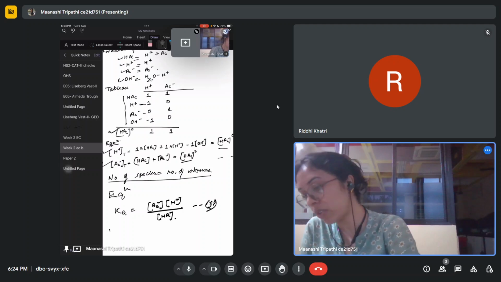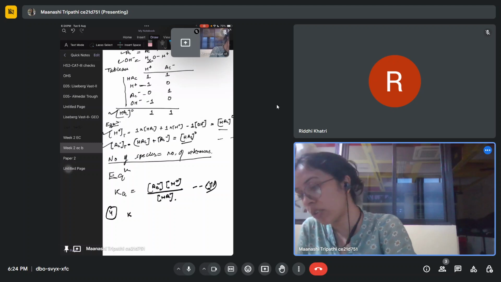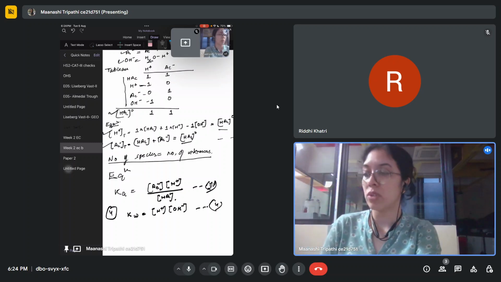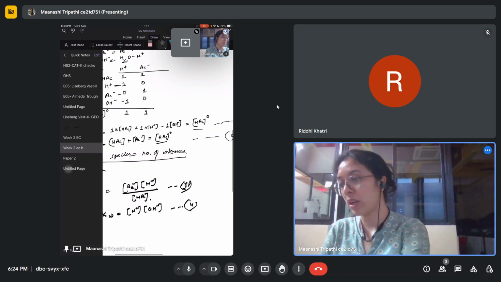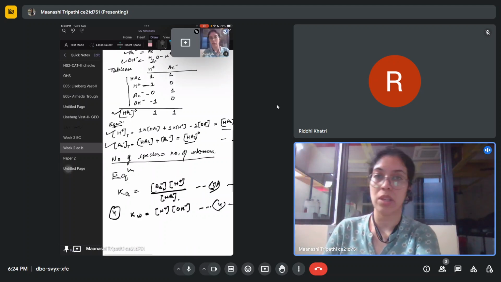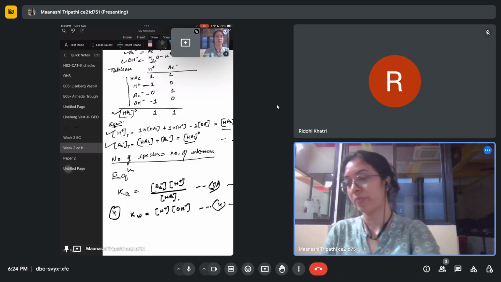And the fourth equation will be the water dissociation constant. So Kw is equal to H plus times OH minus. So this is our fourth equation. So by using these 4 equations, 1, 2, 3, 4, and there are 4 unknowns and 4 equations, this problem can be easily solved.